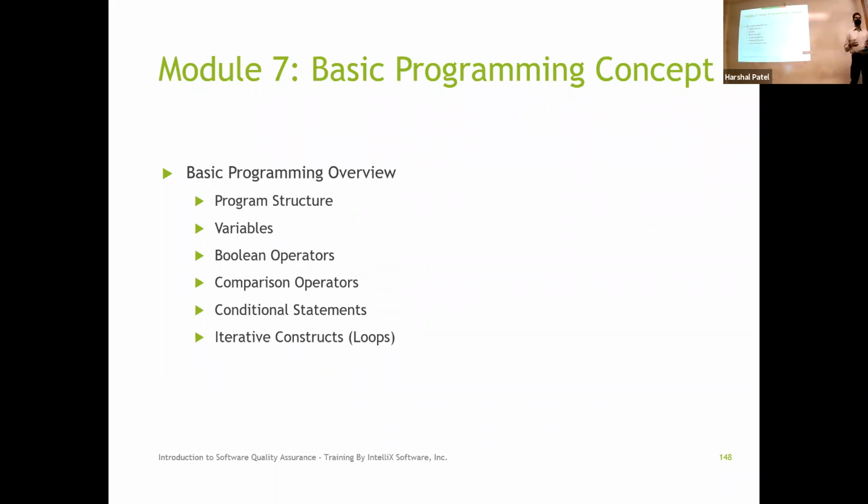But if you're doing some automation testing, you need to understand how to work with some of the code. Also, when you start looking at some of the pieces provided by the development team, it gives you a better understanding of how they've structured their program as well as the design. So we're going to talk about very, very basic concepts of programming.